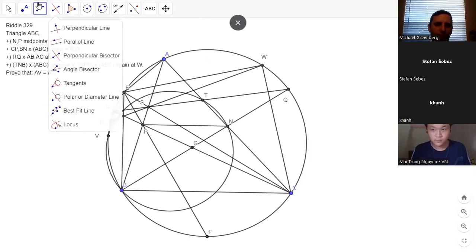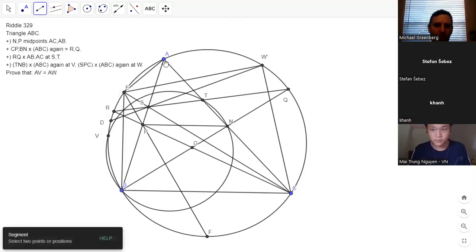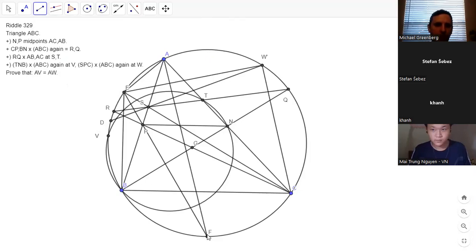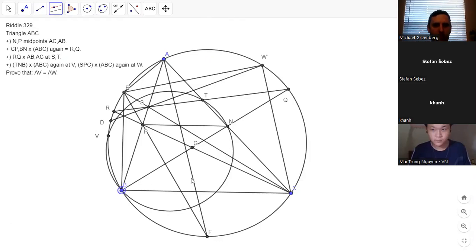So we really just want to show AF is parallel to BV. That's kind of interesting. Yes, we want to show AF is parallel to BV.